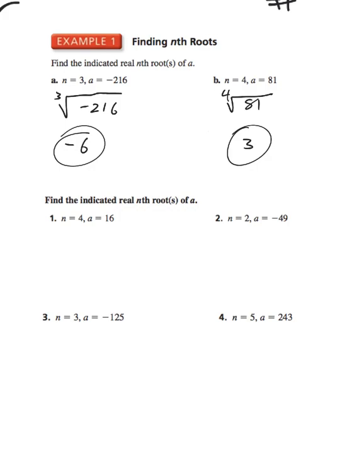So there's no real number answer, or solution, for this. It's imaginary, but that's not real. We're not going to do imaginary numbers right now. We're talking only about real roots. So find the answers to 1, 3, and 4.